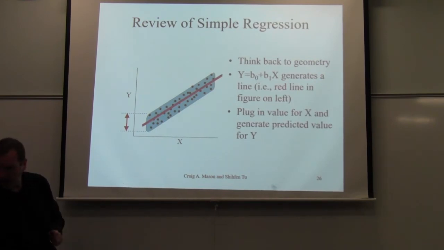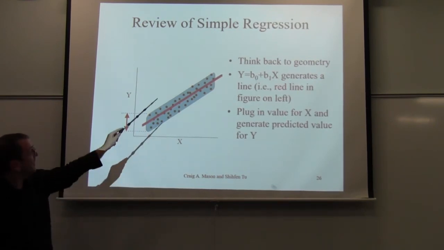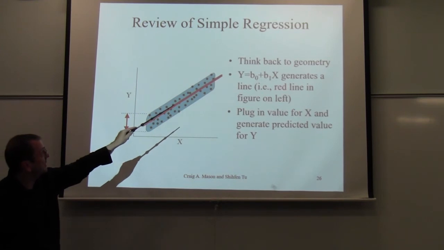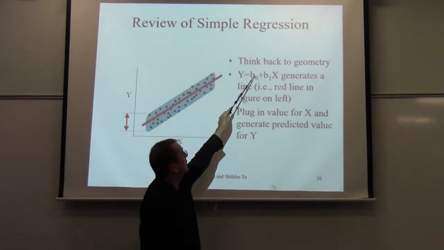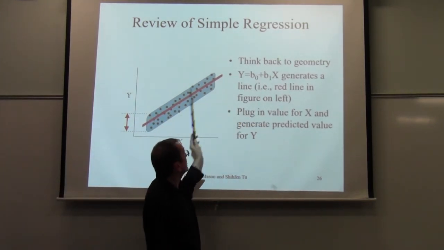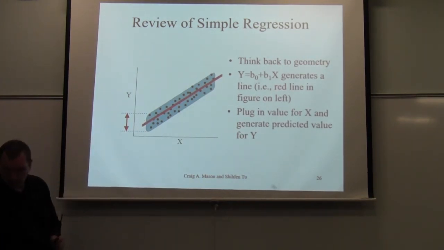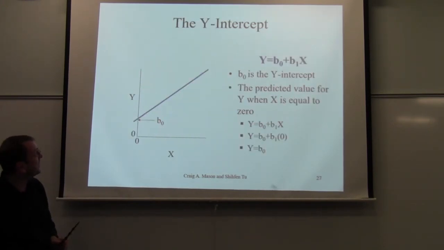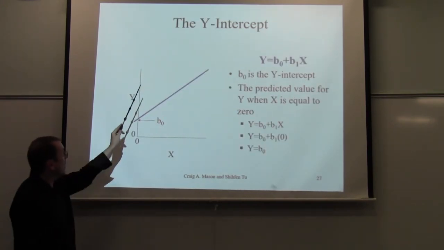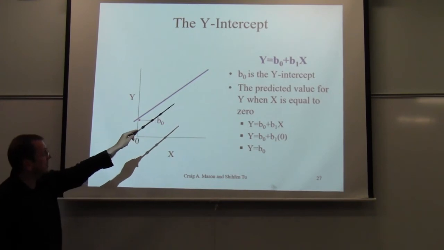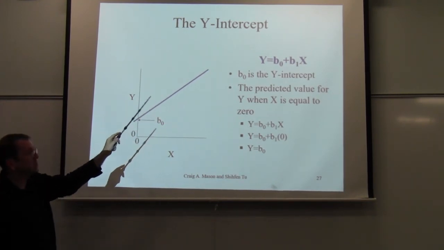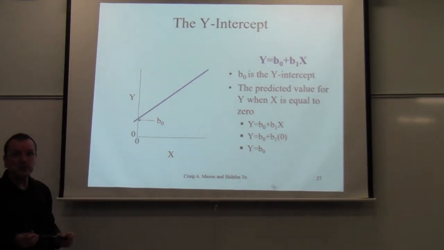This formula, b0 plus b1 times x, will generate a nice straight line. You plug in a value for x, and it gives you a predicted value for y. One part of this equation, b0, is what's called the y-intercept.